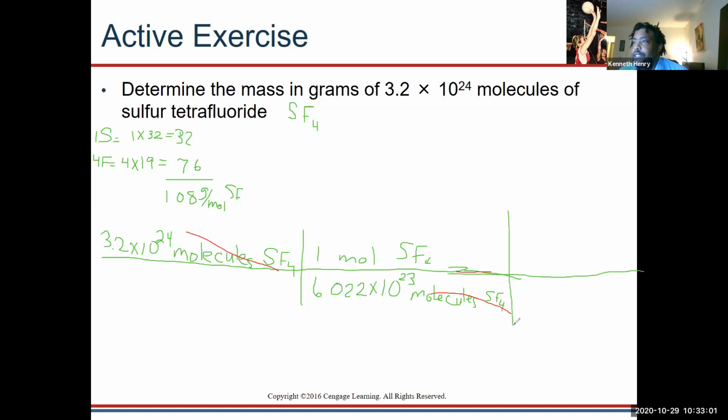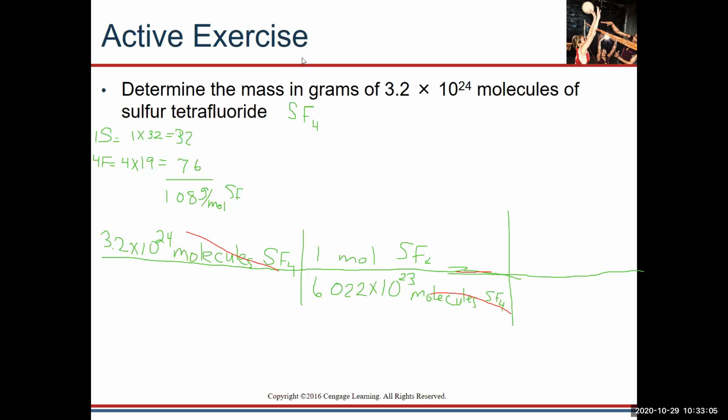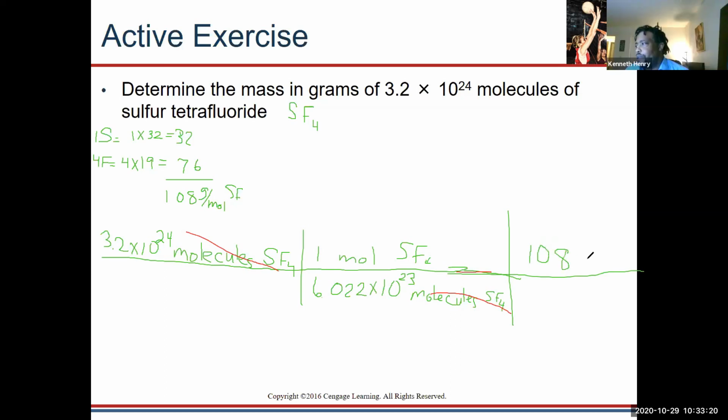What am I going to do next? We get the 108 on the top: 108 grams of SF4 over 1 mole of SF4.